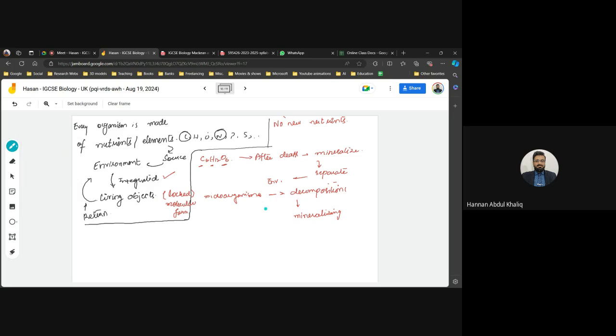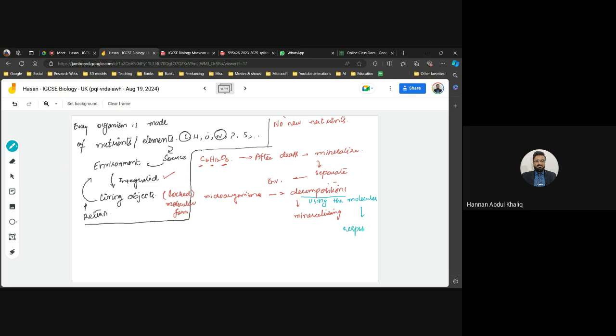Why do organisms perform decomposition? Always remember that the organisms that do decomposition are using the molecules for respiration.